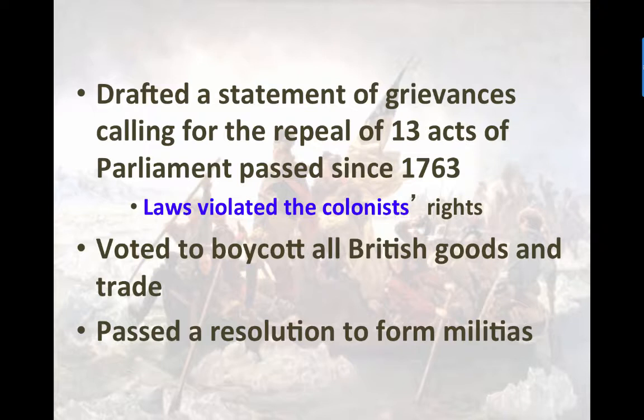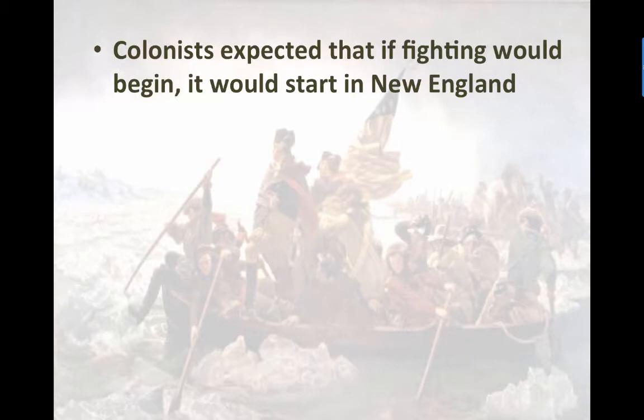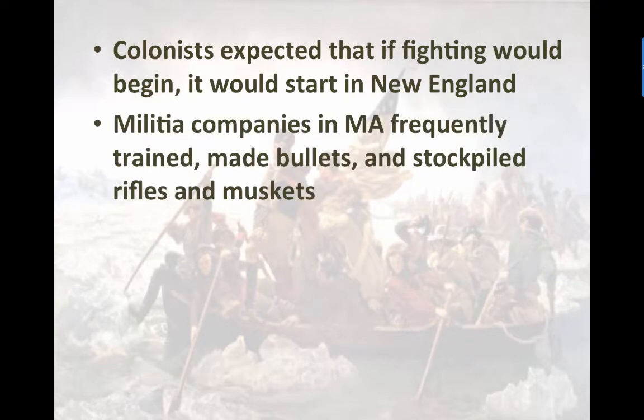Now, a militia is a military body that is loyal, and their job is to protect their state or colony, not necessarily the nation, but very local. It's also expected that if fighting would happen, it's going to start in New England, more specifically in Massachusetts.